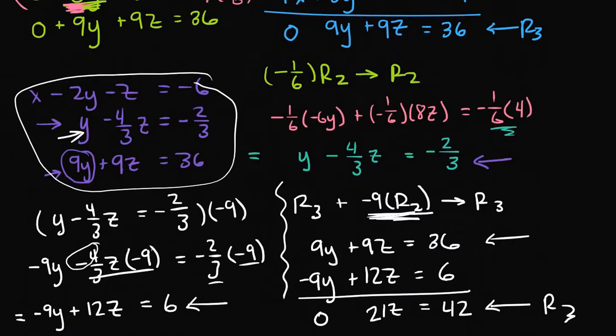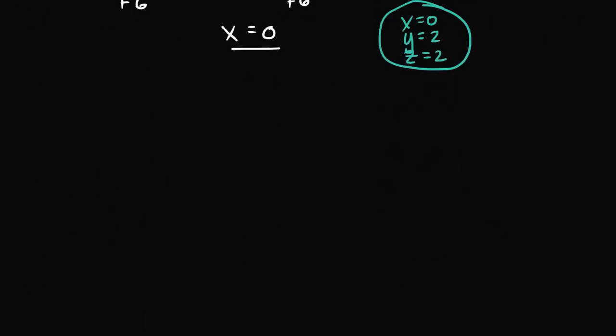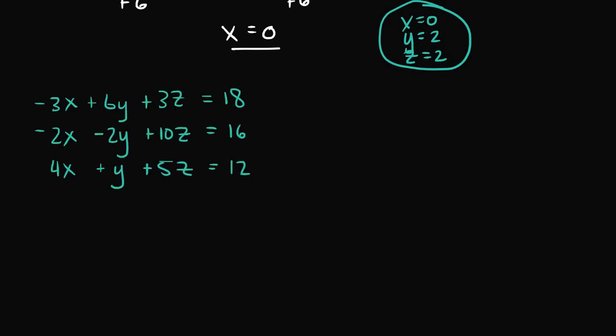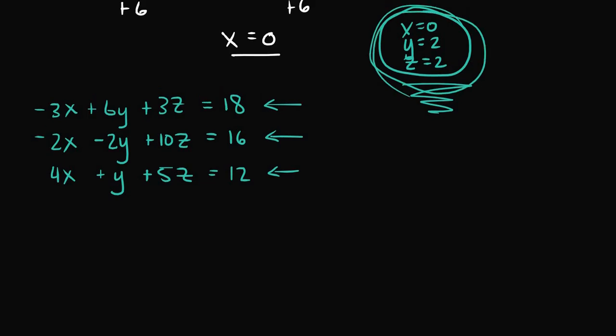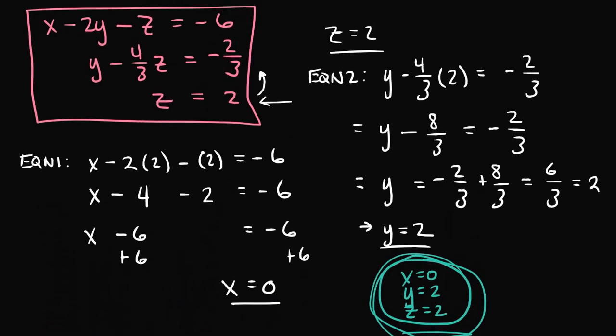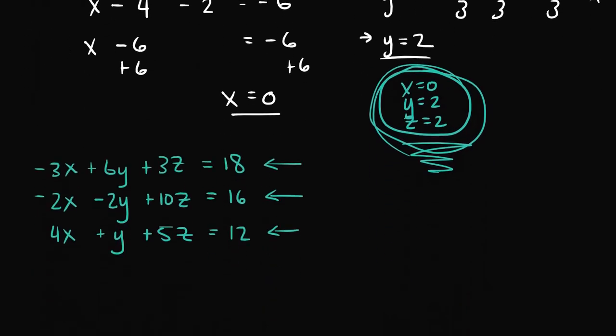So I'm going to scroll all the way down, and I'll go ahead and rewrite the original system here. And what we're going to do is look at each one of these equations, and plug in this solution set to see if all three equations are satisfied. If they are, then that means the solution set that we found here satisfies this system of linear equations, and that the equivalent system that we found here in this pink box is actually equivalent. So let's scroll back down and let's do that.